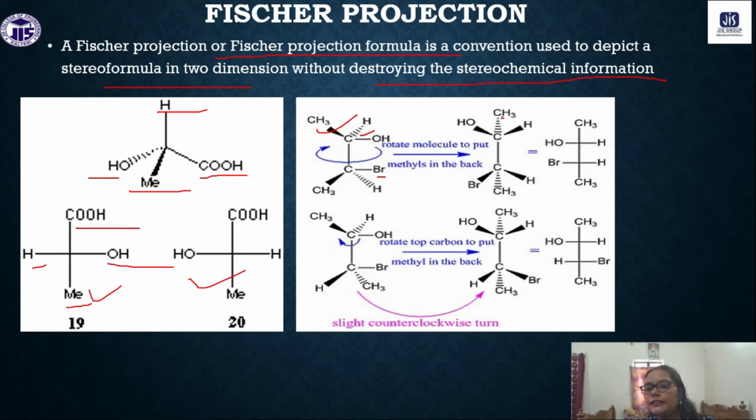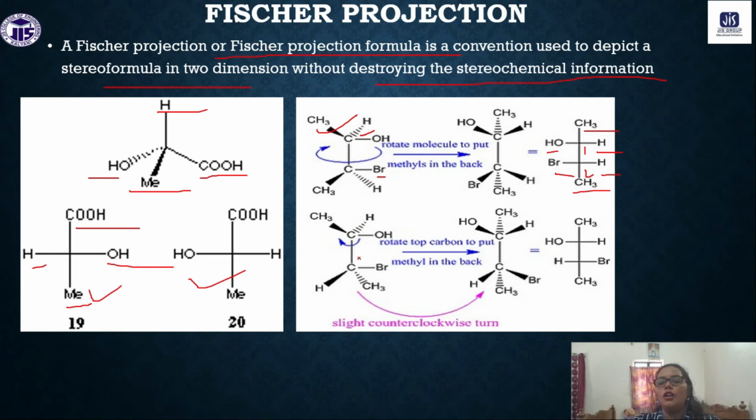Now you can see here the CH3, C1, C2 and another methyl group are in the same line. So through a solid line we write CH3, C1 carbon, C2 carbon and another CH3, and OH is on the left hand side and H is on the right hand side. So the hydroxyl group is on the left and bromide is also on the left, and all hydrogen atoms are on the right hand side. Again, this is the second molecule.